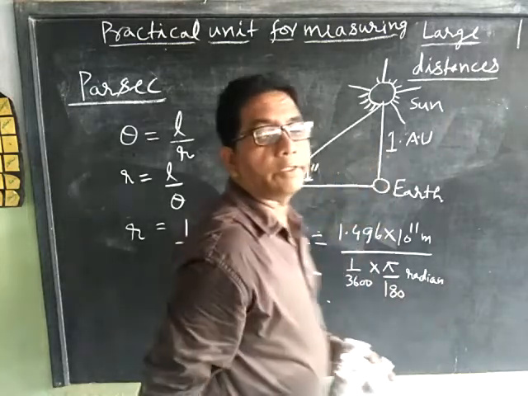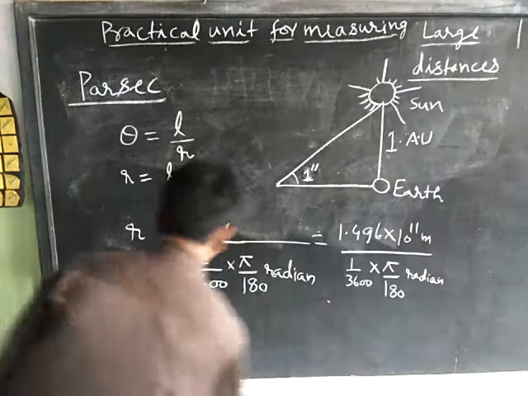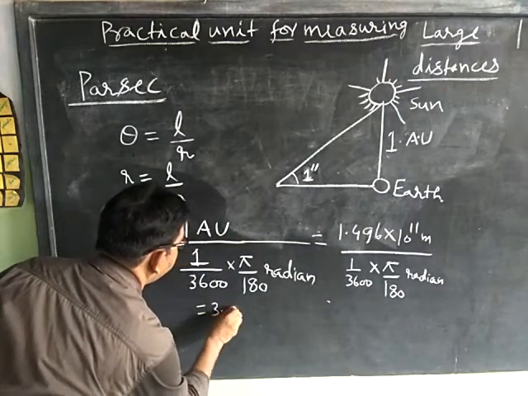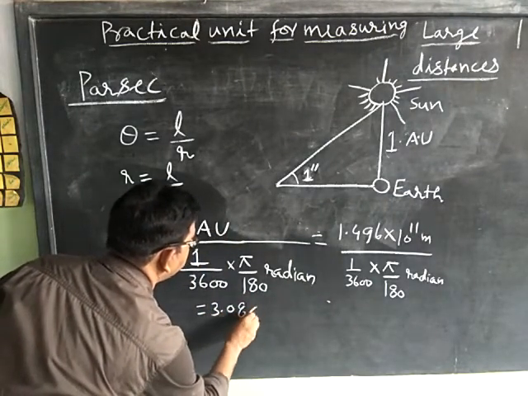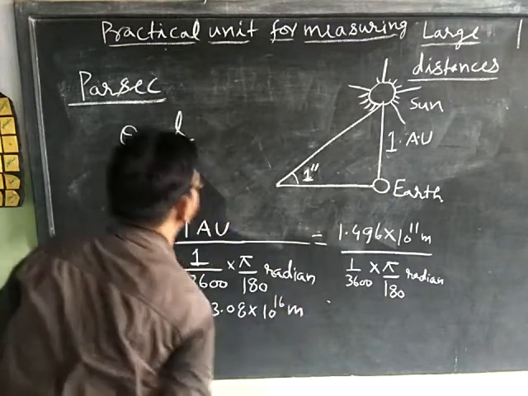When we solve this, we get 3.08 × 10^16 meter.